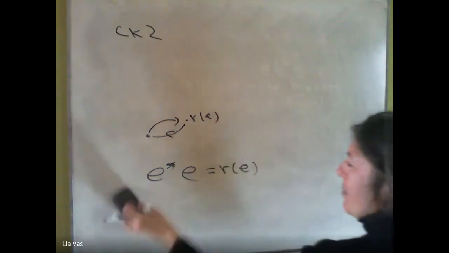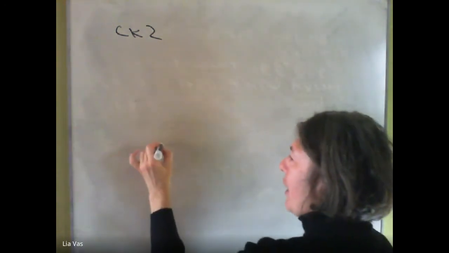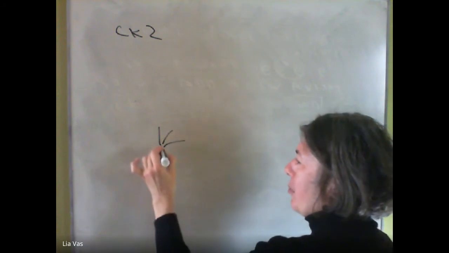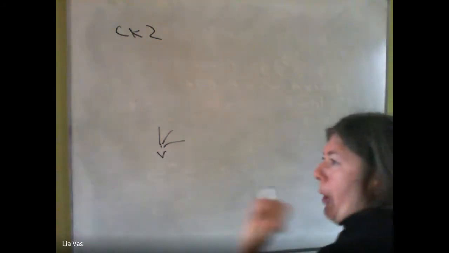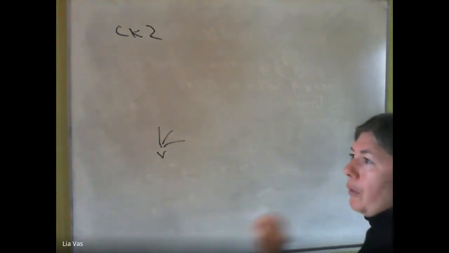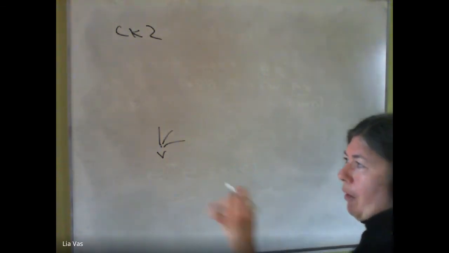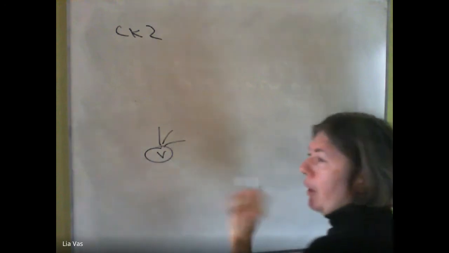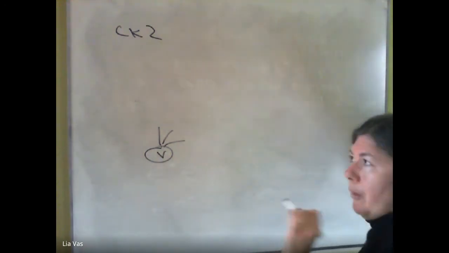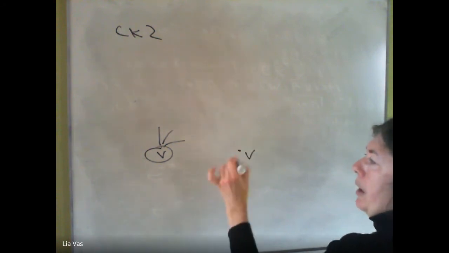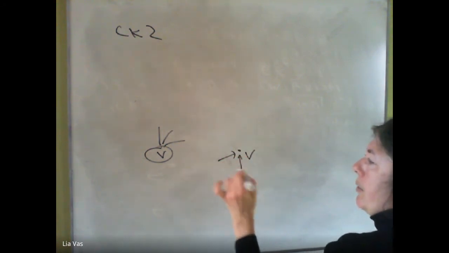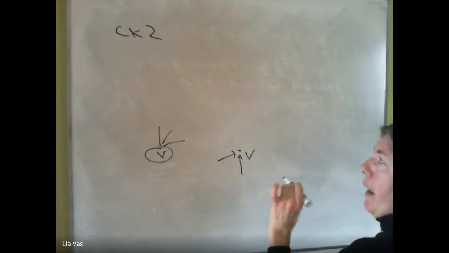So this axiom Ck2, since it's going to take into consideration how many things are being emitted from a vertex V, let's specify for what kind of vertices we are going to be interested on. So let's say that V is a vertex that doesn't emit anything, right? So maybe it receives something and it doesn't emit anything.